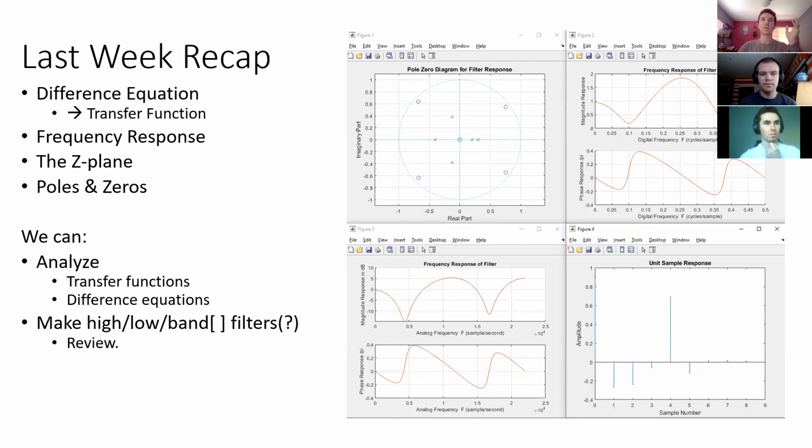So that's frequency response, Z-plane, poles and zeros. We basically can analyze transfer functions and difference equations, because they're basically the same thing. And then we can make high, low, band, all those kinds of filters, I think.